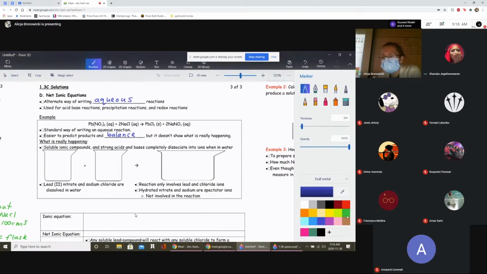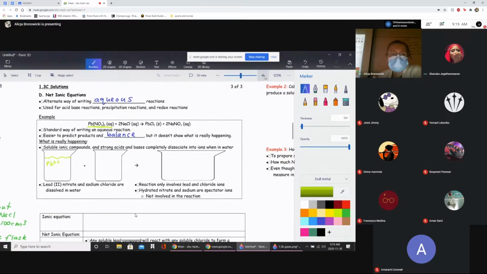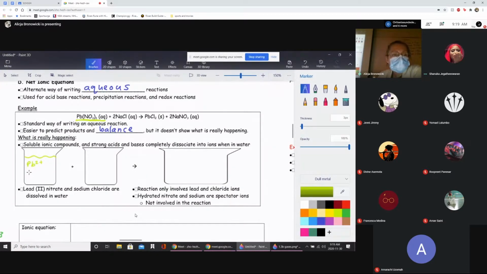And this is fancy now, I get to use my colors here. Pb(NO3)2 aqueous. I'm going to make this one green. That means that lead 2 nitrate is dissolved in water. So in my solution, I have Pb2 plus and 2 NO3 minus.